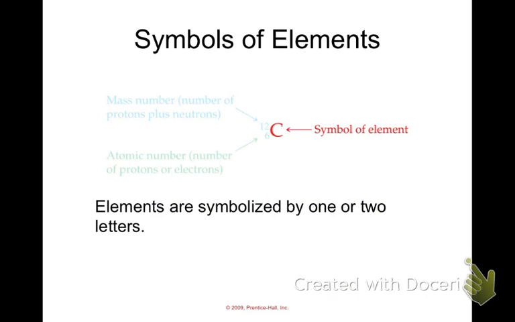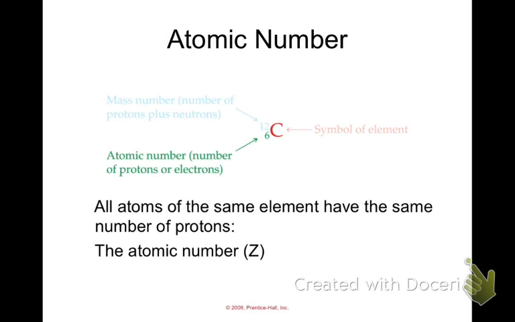Now let's talk about the nuclear symbol for an element. Symbols of the elements are either one or two letters. We're going to take an example, carbon, which is a capital C. Sometimes you will see the element with a small number written in the bottom left.